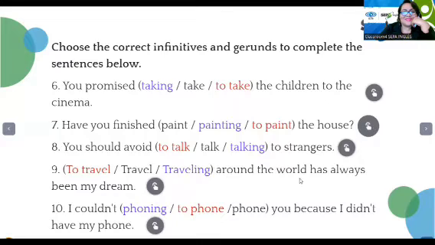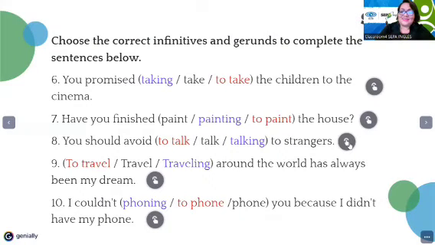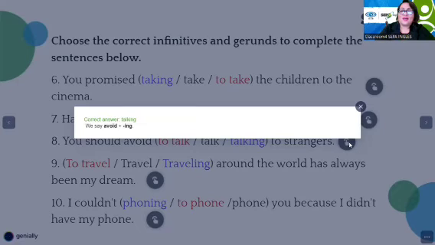And the answer is, we say finish plus ing. The correct answer is painting. So let's see the number 8. I hope you have your answers. Please take notes. We say avoid plus ing, and the correct answer is talking.